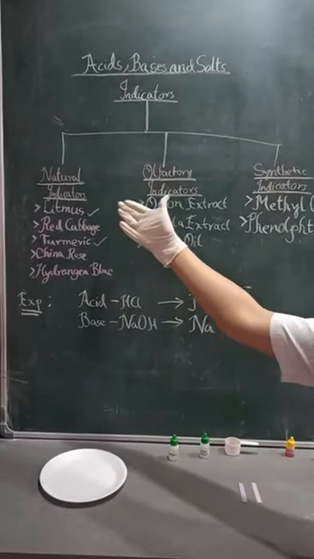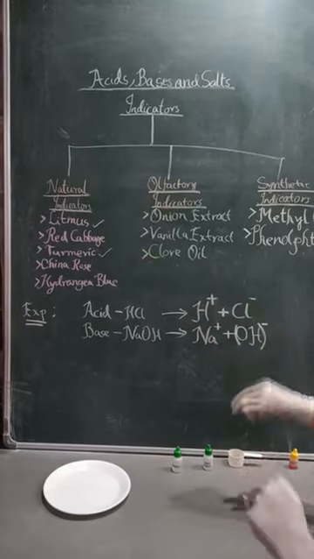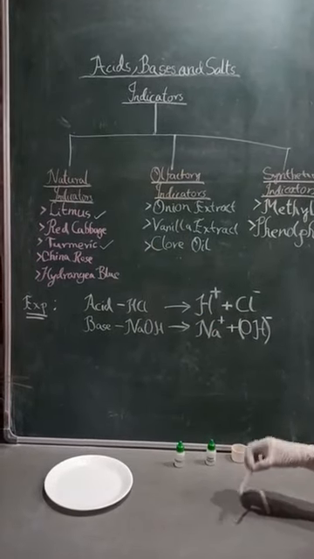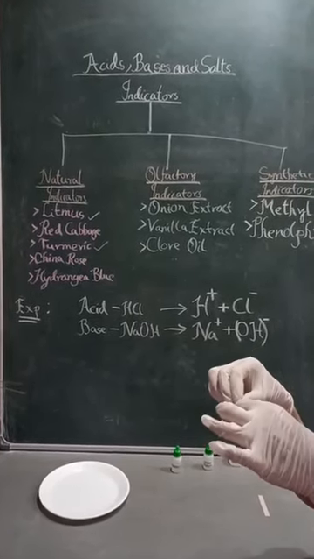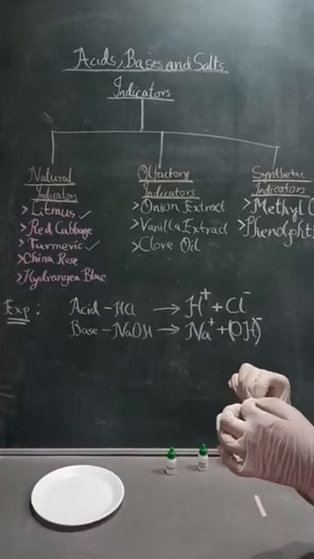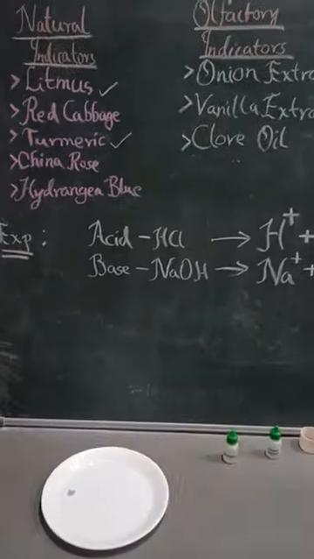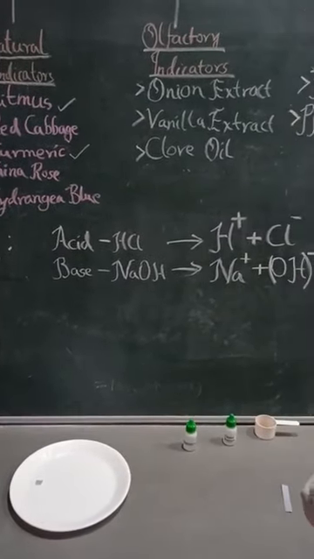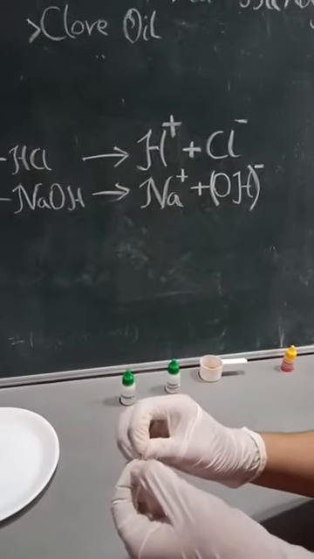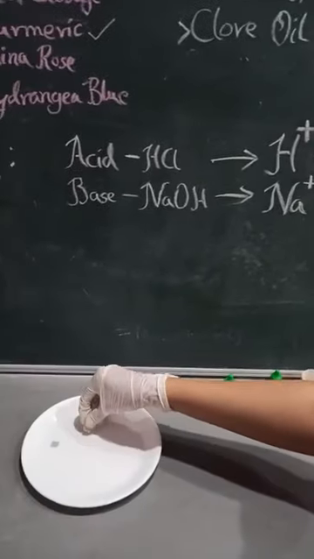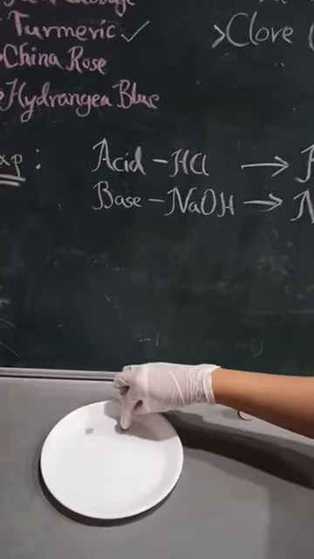First I will start with the natural indicators, and the first one is litmus. I will tear a small piece of blue litmus paper and keep it on a white plate, and a small piece of red litmus paper and keep it on a white plate.